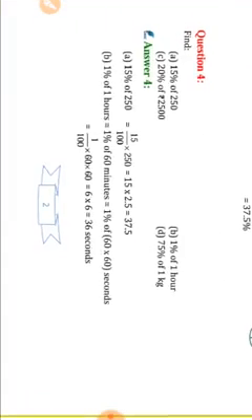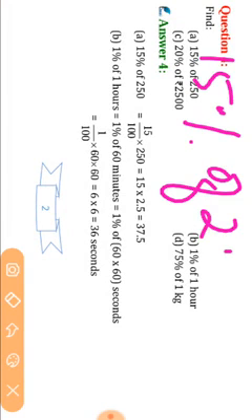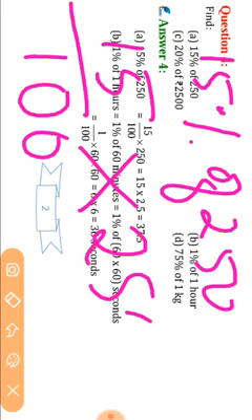Then question number 4: find 15% of 250. 15% is nothing but 15 by 100, and "of" is nothing but a multiplication sign, so 15 by 100 times 250. Just do it like this.